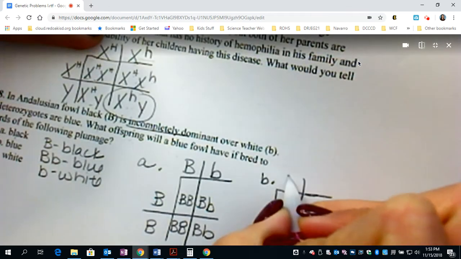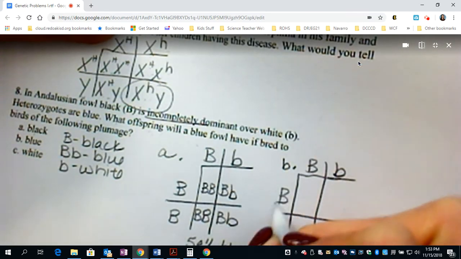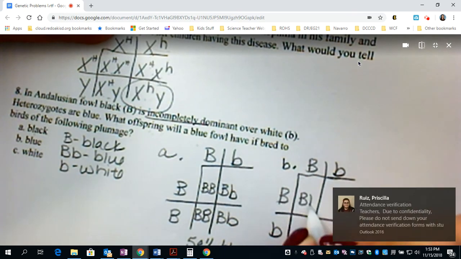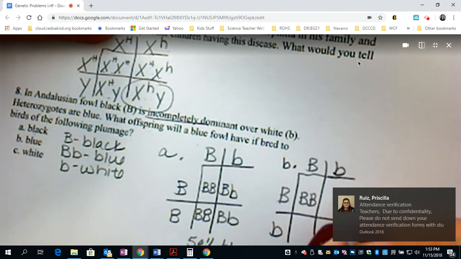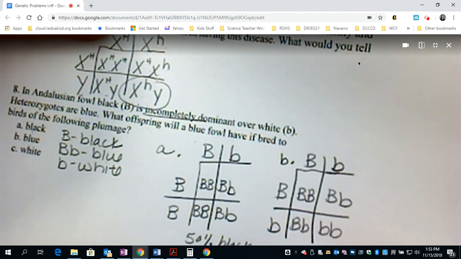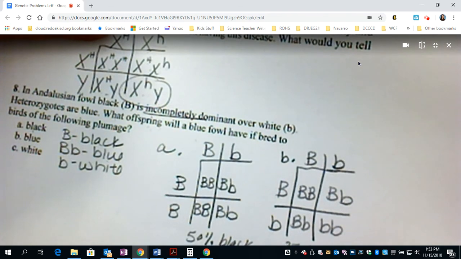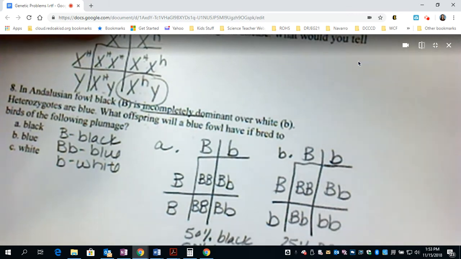If I cross the blue with the blue, I would have 25% black, 50% blue, and 25% white.